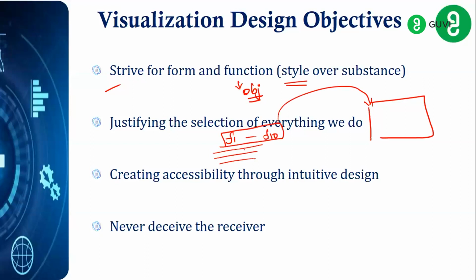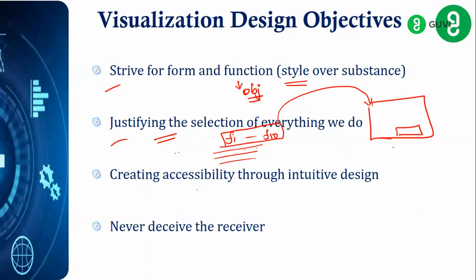Apart from this raw data, if it is necessary to add something extra to your visual representation, for that extra point also you should have a justification. You should tell them that for this purpose only I have added this extra point in my visual representation. If they ask, you should have a justification. That is the second objective.